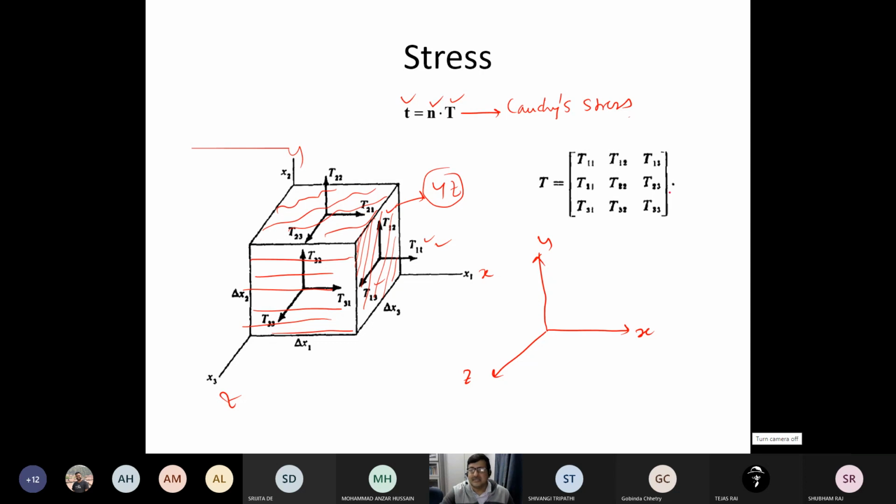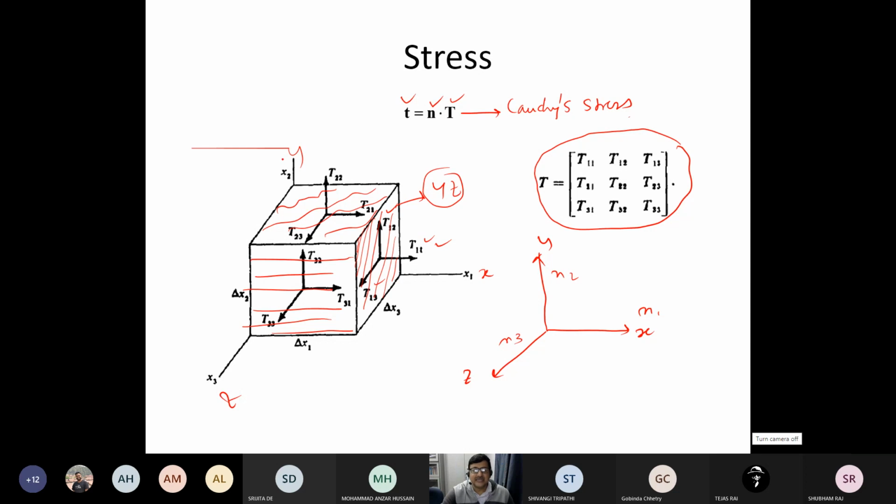Now, if I assemble them into a tensorial matrix, it will come out like this. N1 is the normal in this direction, N2 is the normal in this direction, and N3 is the normal in this direction.